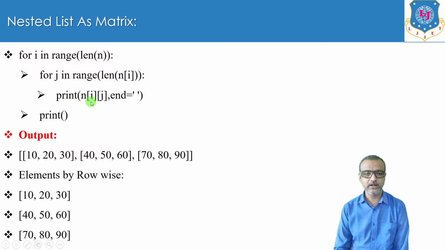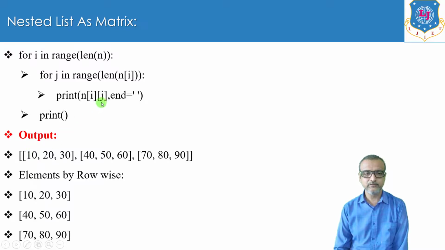So print n[i][j], and end is a space separator. Here it will take the value of i as 0, and the value of j as 0. So n[0][0] will print 10.